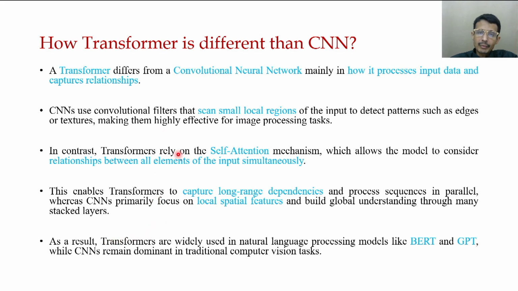As a result, transformers are widely used in natural language processing tasks, like the BERT model and GPT model, while CNN remains dominant in traditional computer vision tasks. But in recent times we also see that vision transformers, or ViTs, are also very popular.